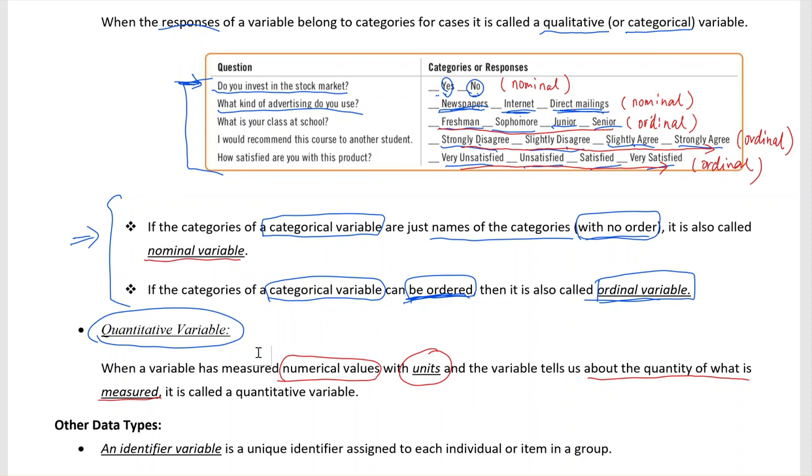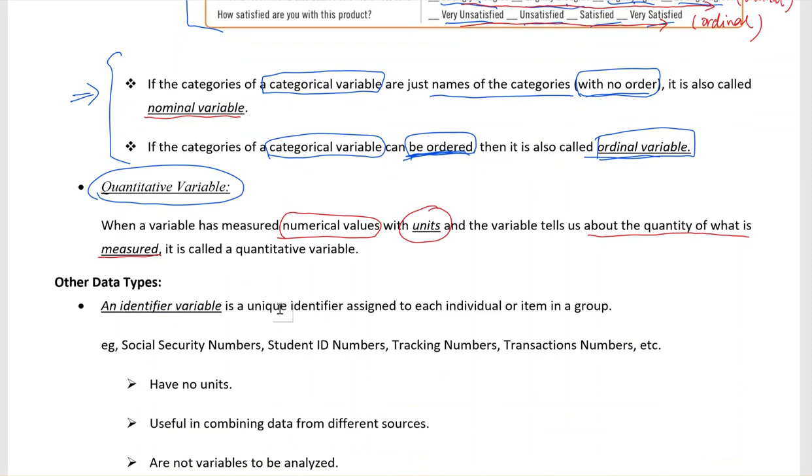Right, so let's make an example. Let's say height. The height of the students in our class. What about this variable? It is your responses, right? Your responses may be, let's say, 170 centimeters.